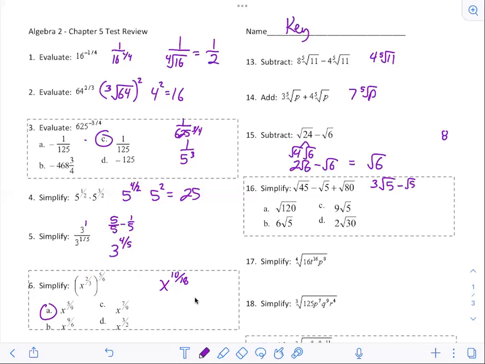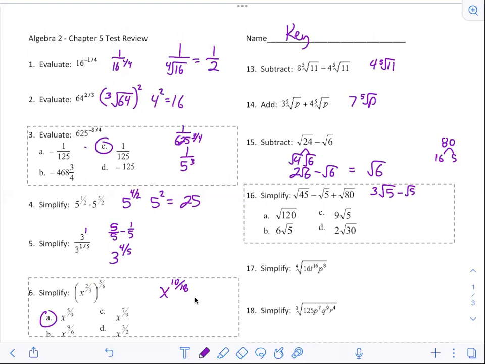So then 80, we can divide that by 5. That's going to be 16 and 5. Square root of 16 is 4. So we've got 3 square root 5 minus 1 square root 5 plus 4 square root 5 is going to give us 6 times the square root of 5.